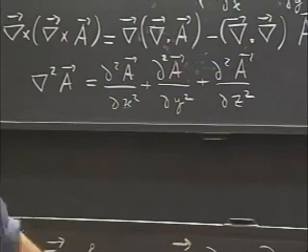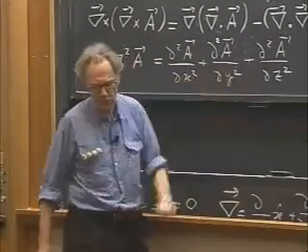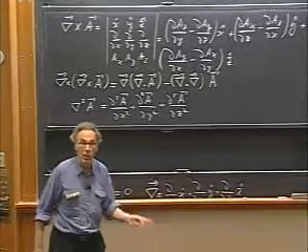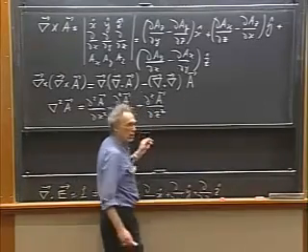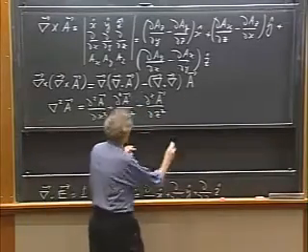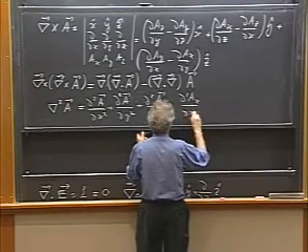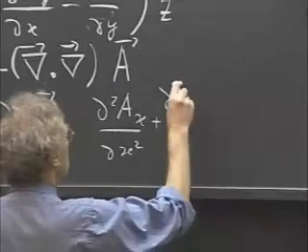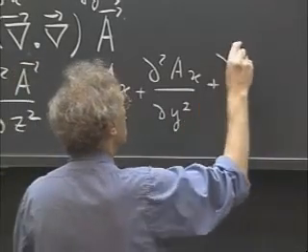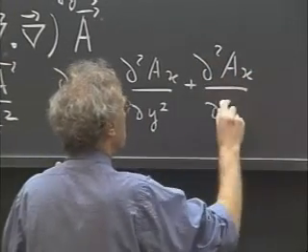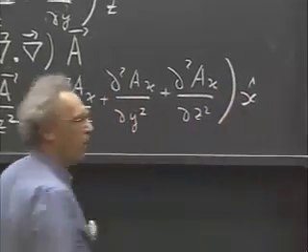And this has 9 terms. Because this has 3 terms, this has 3 terms, and this has 3 terms. I will do the first one, and then you have to do the others. So I will only do the component in the x direction, which then becomes d2Ax/dx squared, d2Ax/dy squared, plus d2Ax/dz squared, and that is then the component in the x direction.